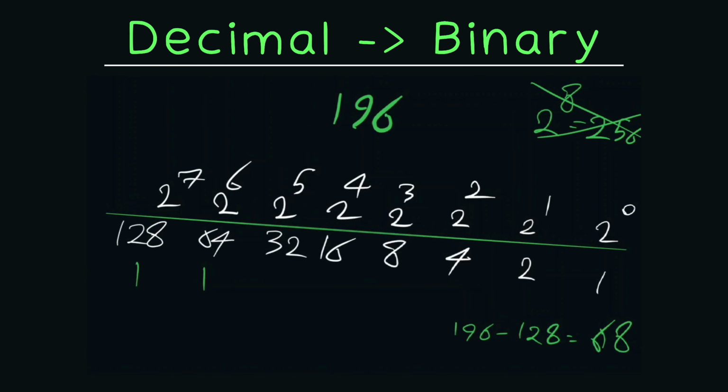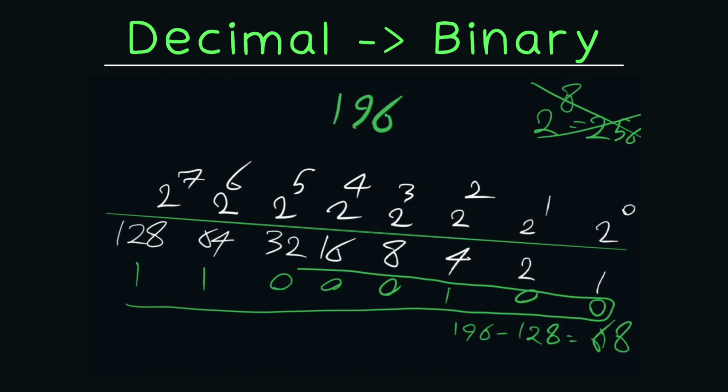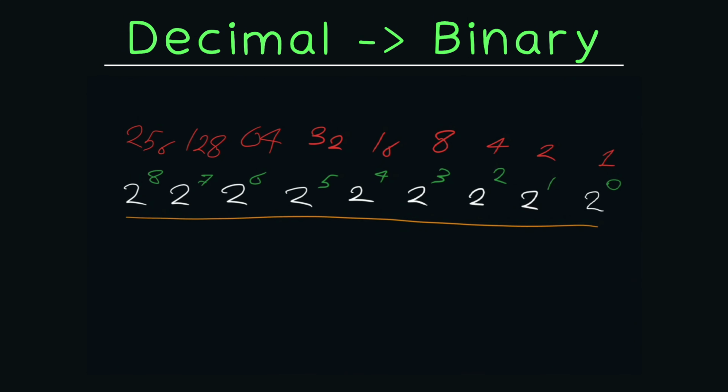Of course, you know that 68 minus 64 is going to be a 4, which you will have right here. Now we're done. 4 minus 4, 0. The only thing that we need to place are the zeros in between. And this is going to be our binary value for this conversion. Okay, so I set it up quite nicer this time.